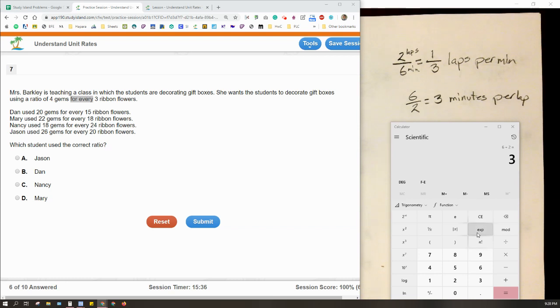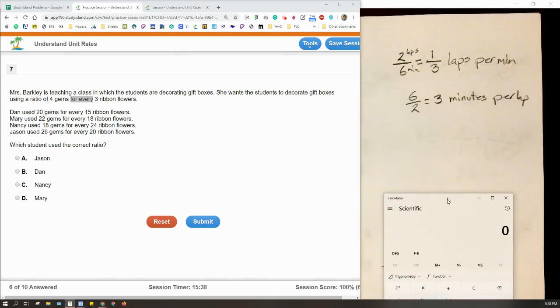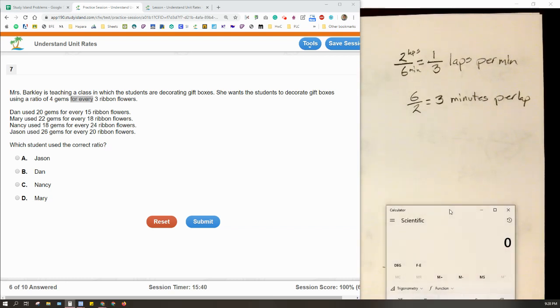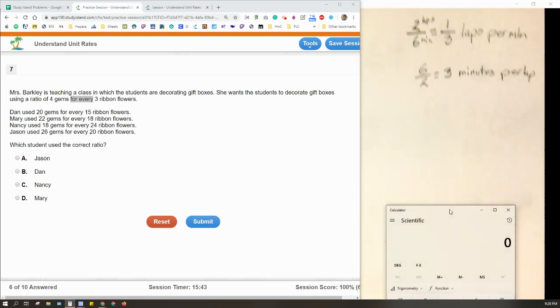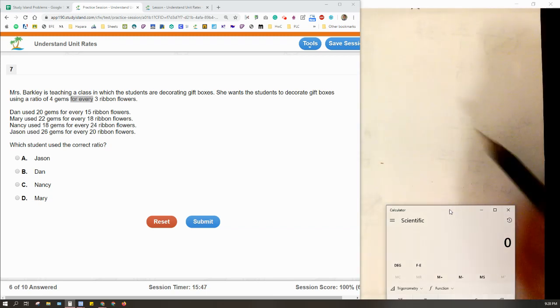You've been practicing fractions. If we have 4 divided by 3, that's just 4/3. So if we want to do this problem, all we have to do is look for some combination that when we simplify it, we get 4/3.